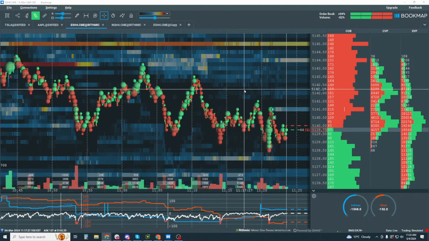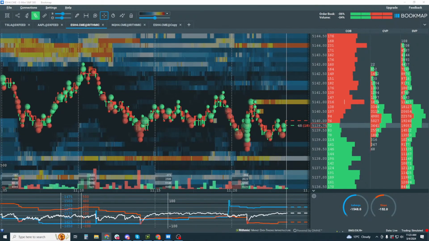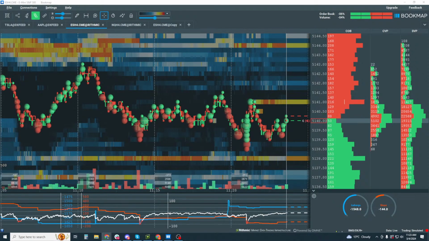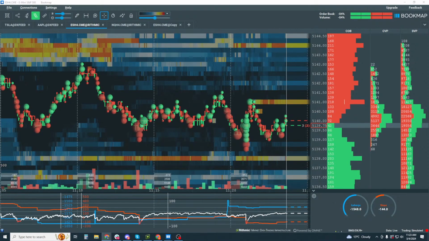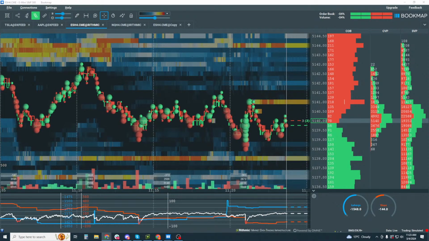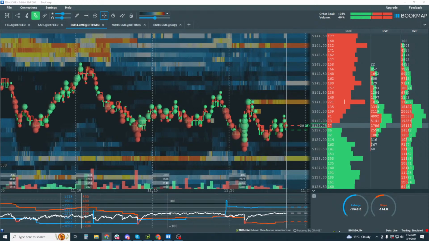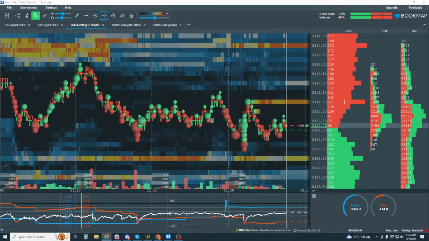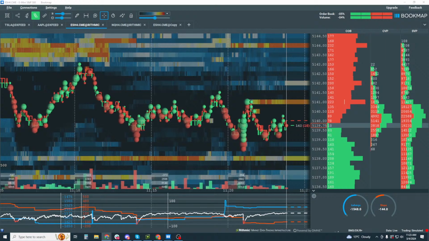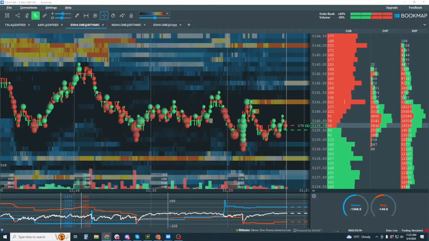All right, guys, let's wrap it up. I'll have some other things to show you tomorrow. But again, for those of you in the Bookmap Academy, you will have access to this new trading journal tool.